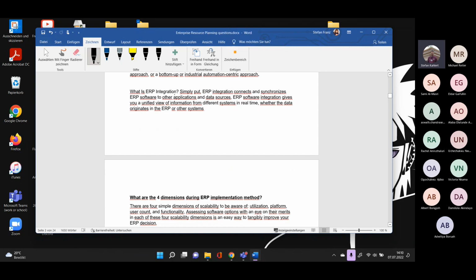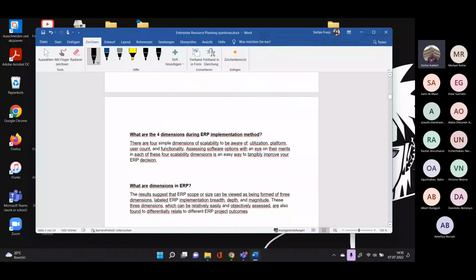ERP integration, synchronized ERP software, other applications and data sources, which can be flowing data, can be data from a CRM system, from a human resource system. Integration gives origins in ERP or other systems.